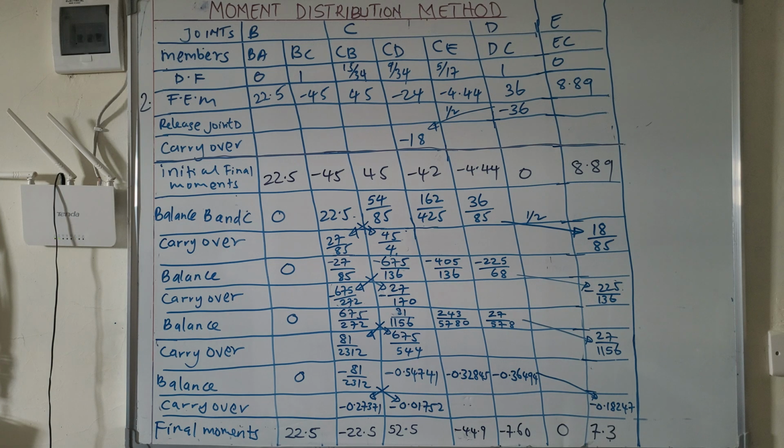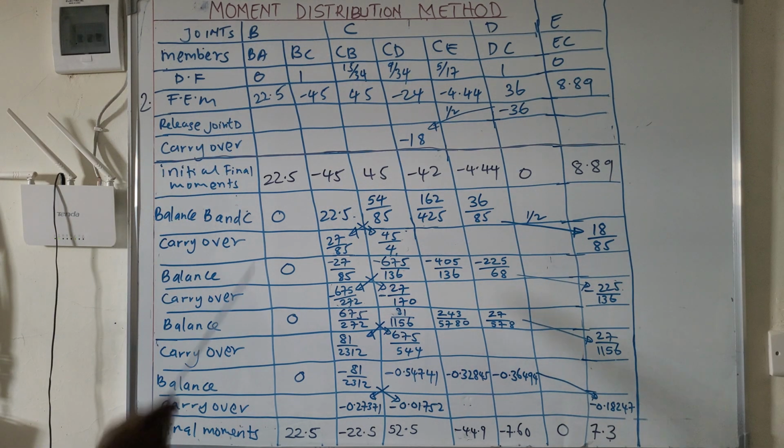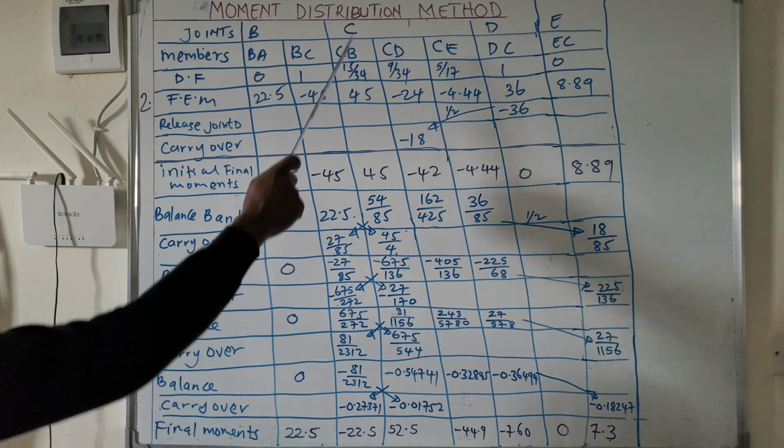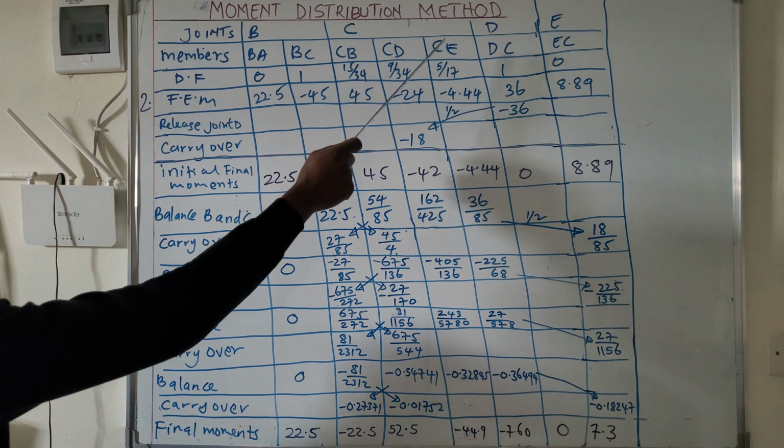After calculating our initial final moment, what follows next is balancing and carrying over. And what is balancing? Joint B has two members, BA and BC, and joint C has three members, CB, CD, CE.